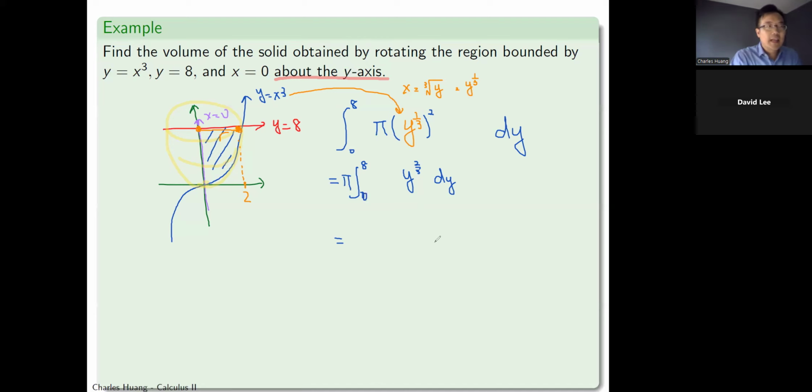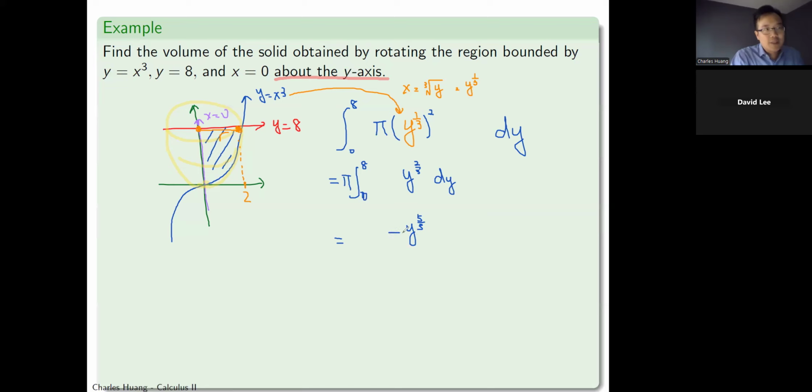We can integrate this. We're going to take the power and add 1. When we do the derivative, we subtract 1, so when I do the antiderivative, the inverse of the derivative, I'm going to add 1. So this is y to the power of 5/3.